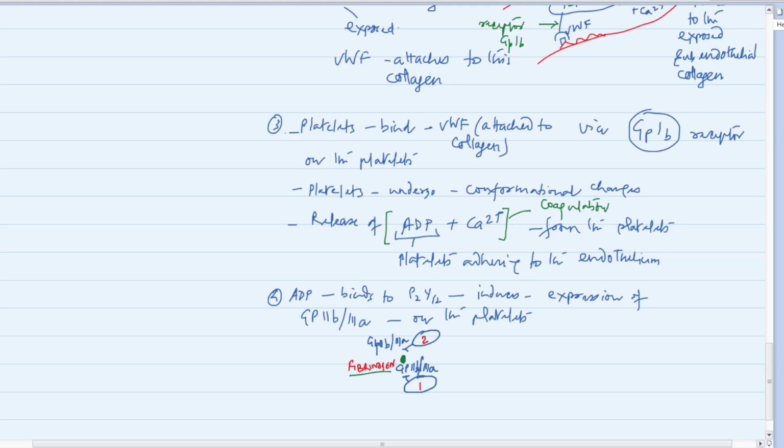So you get kind of like a sandwich. So what's happening is one platelet is getting attached to another platelet. And there are multiple platelets, and so ultimately what you get is an aggregation of platelets.